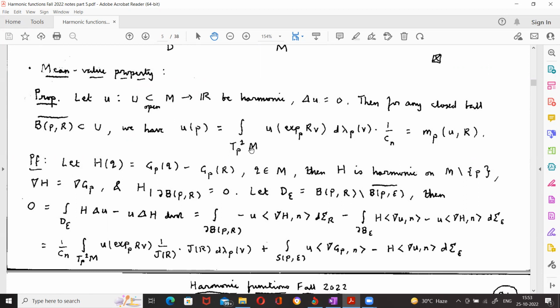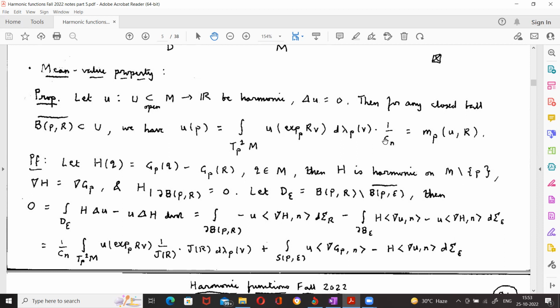So the measure is the following: you integrate over the unit tangent sphere U_x M with respect to d lambda_p times 1 over C_n. This d lambda_p times 1 over C_n is a probability measure.